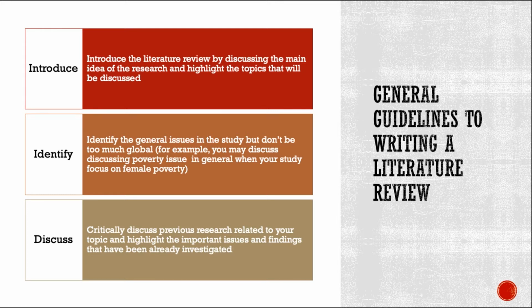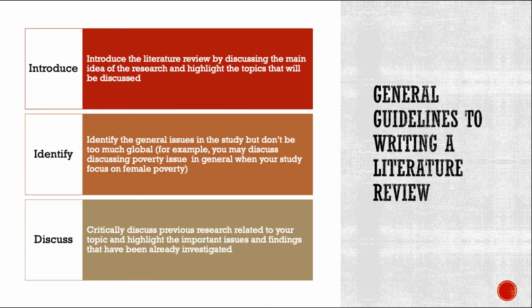Second, identify general issues in the study, but of course do not be too global or general. Again, for example, you may discuss poverty issues in general when your study focuses only on female poverty.